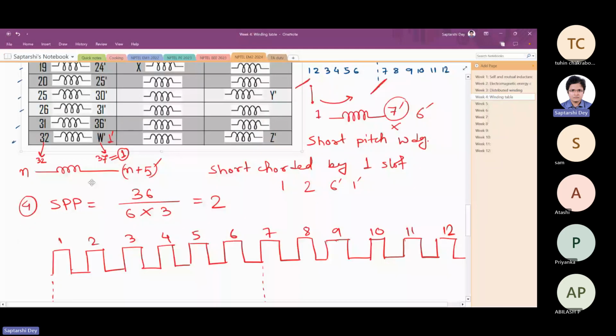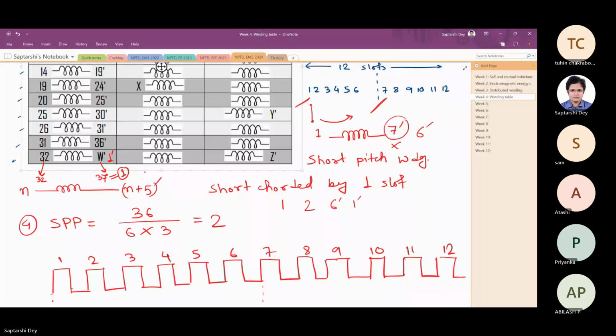Or is there 36? Actually, we have to consider this one, these two. See, had it not been short corded, this coil number 31 that returns at 36 would have returned at 1. Anyway, so what we have is 1, 2, 6 and 1.